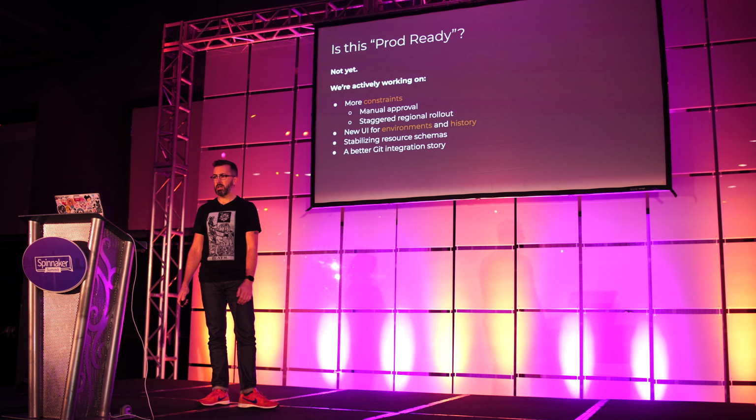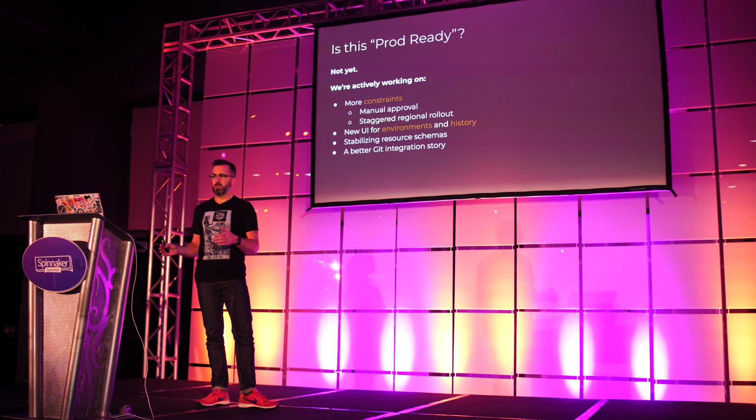We'd like to build that UI for environments and the history of resources. And we'd like to stabilize our resource schemas. Right now, we're trying very hard to model those specification schemas for resources in a type-safe way so that we can generate validation tools for people.